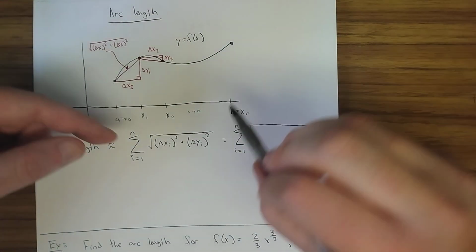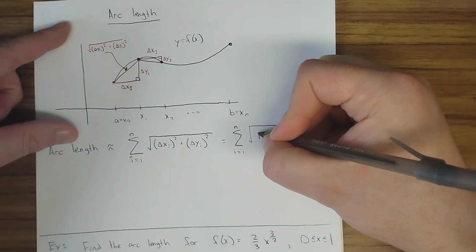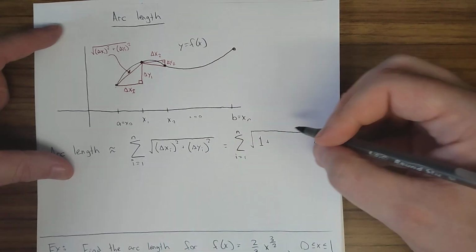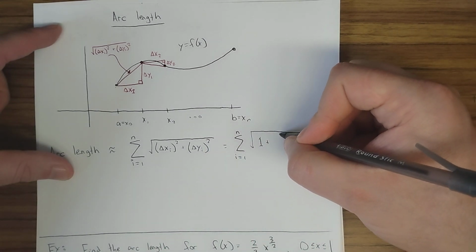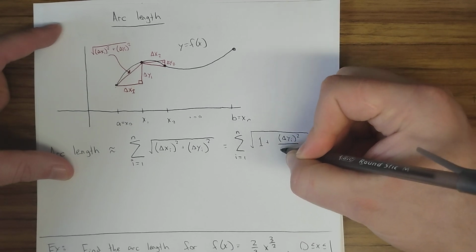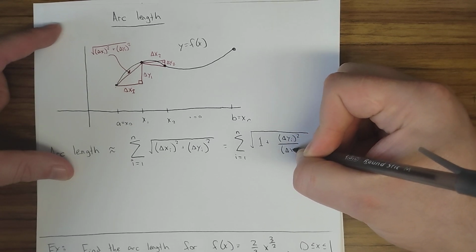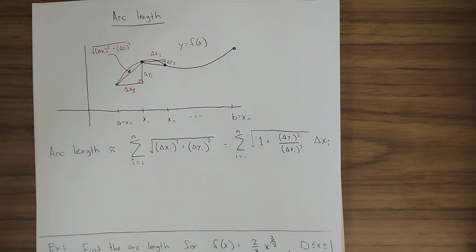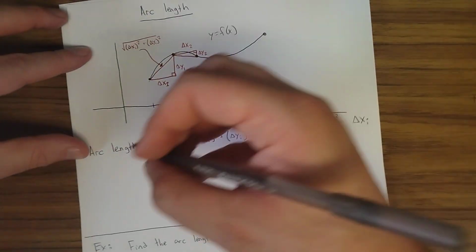So if I pulled that out, of course, this is just a 1 now. And if I pull out, then this becomes delta yi squared over delta xi squared. So I've got that.